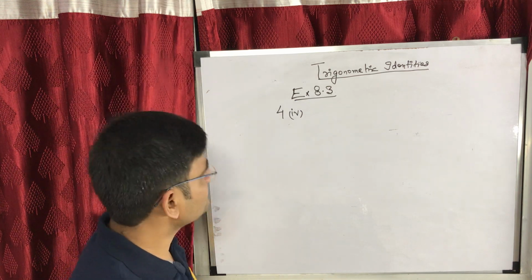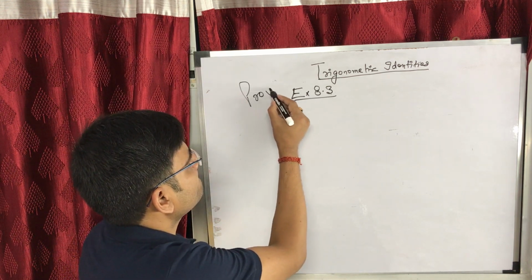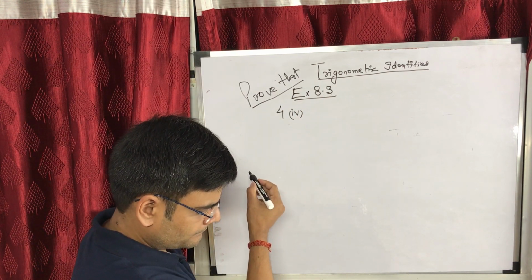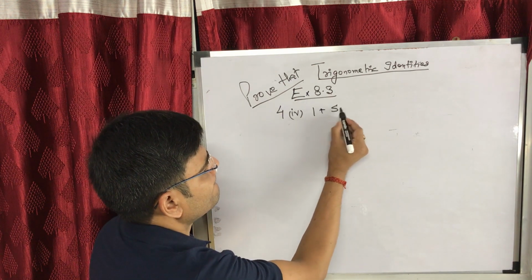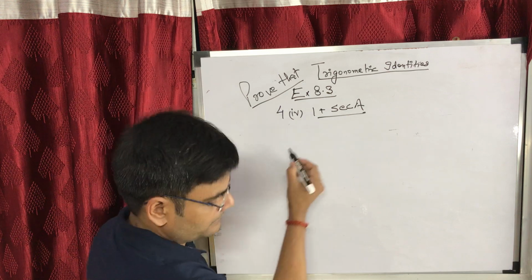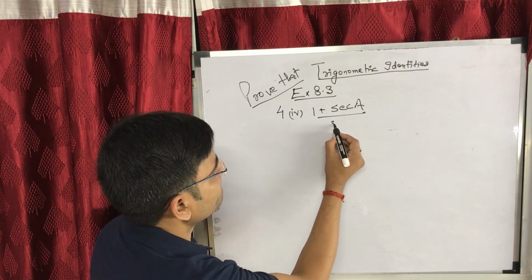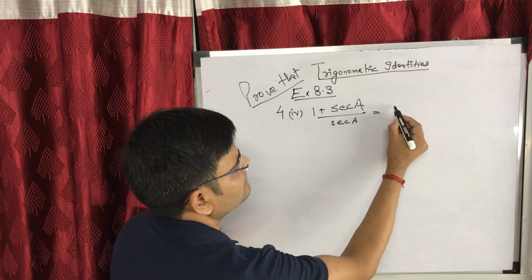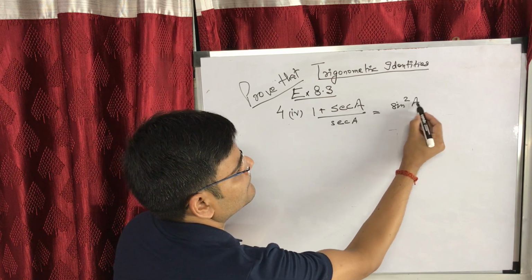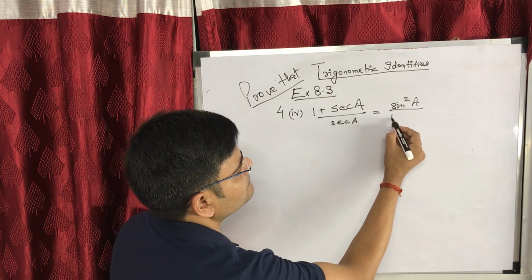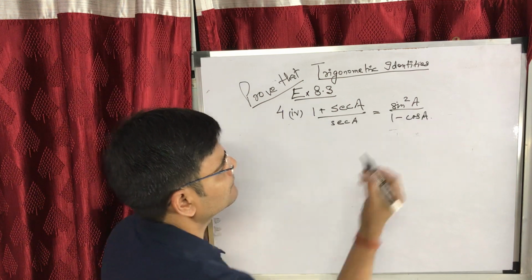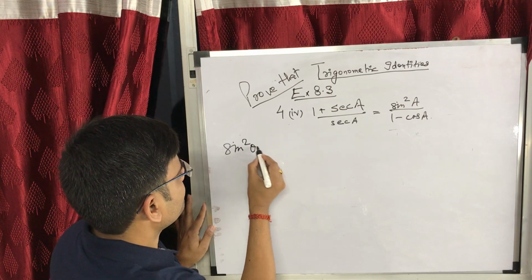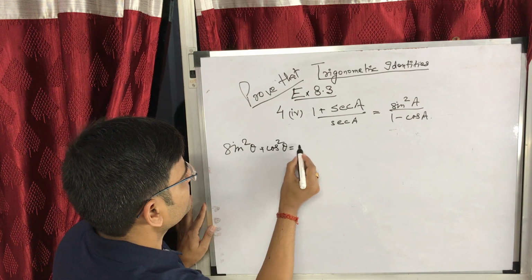Number 4 says prove that (1 plus sec A) by sec A equals sine square A by 1 minus cos A. Before we proceed, you know sine square theta plus cos square theta is equal to 1.